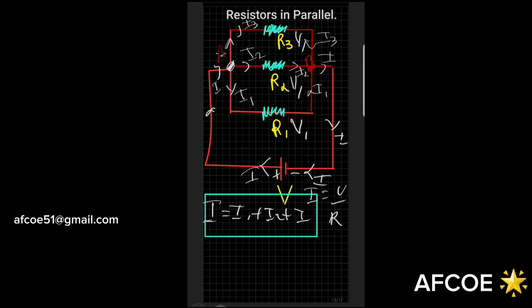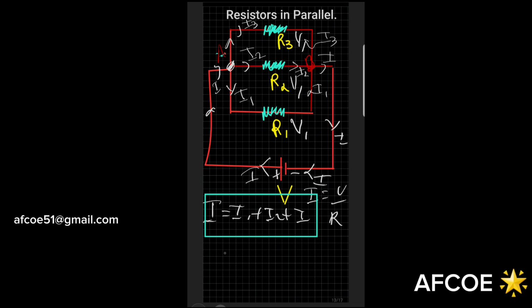We have to bring in a resistor which is equivalent to R1, R2, R3 before we can apply Ohm's law and know the total current flowing through this circuit.